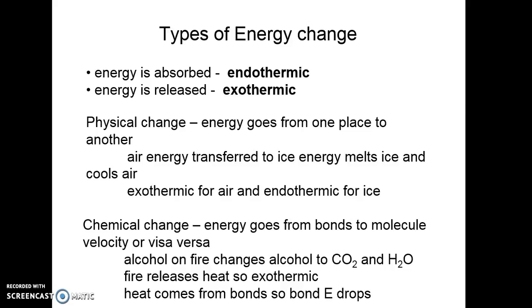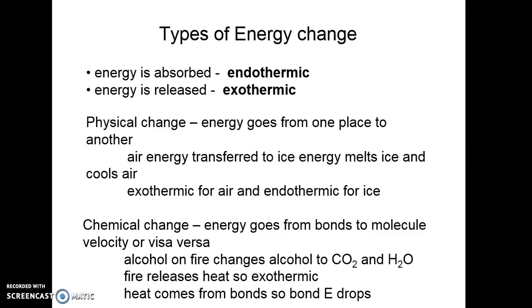Now, if we have a chemical change, an example is alcohol burning. Someone lights alcohol and it starts burning with a flame. What's happening there is a chemical change. The alcohol is changing from alcohol to carbon dioxide and water.